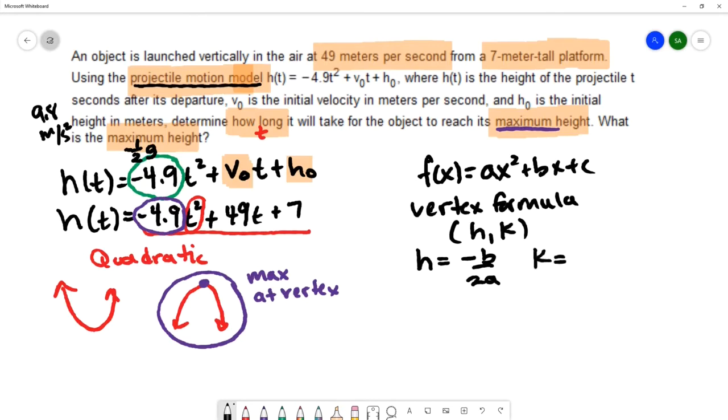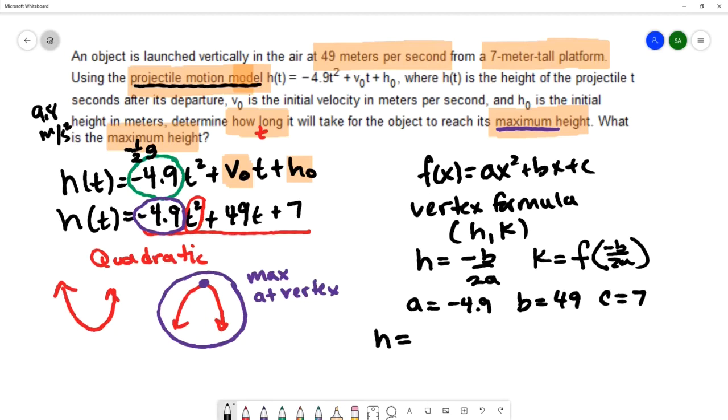And the y-coordinate, we'll get by substituting negative b over 2a into the function. That will give us the y value. So for our example, a is the coefficient of t squared, that's negative 4.9. b is the coefficient of the t term, 49, and c is 7. So our x-coordinate of the vertex will be negative 49 over 2 times 4.9.